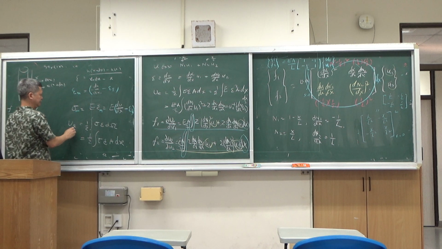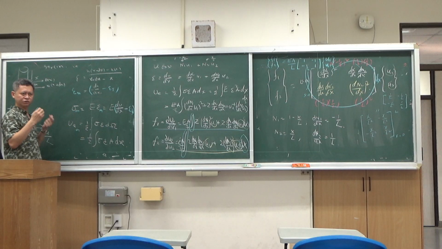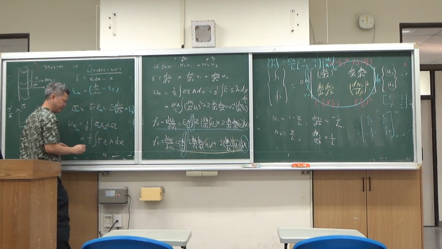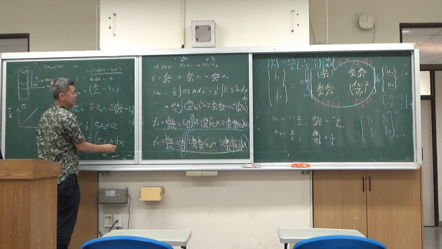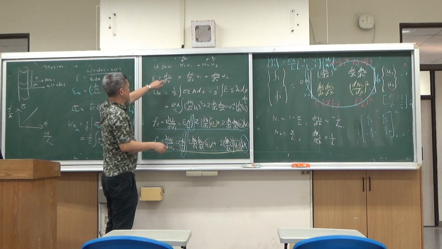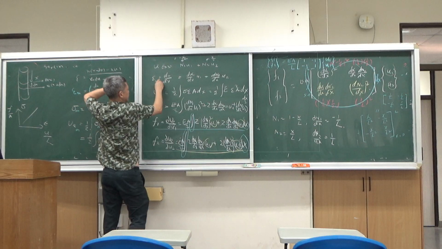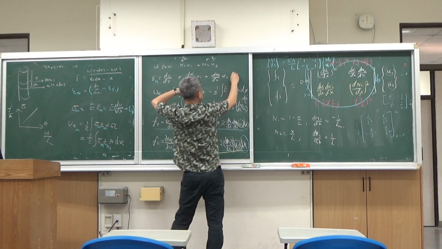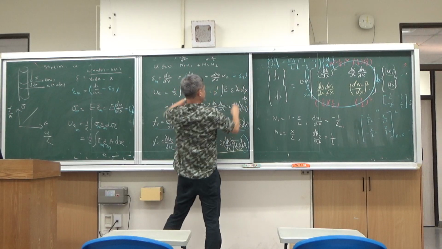Likewise, this is all mechanical strain energy. It must be mechanical stress and mechanical strain. If that's the case, your expression here must be written as something minus the thermal strain.